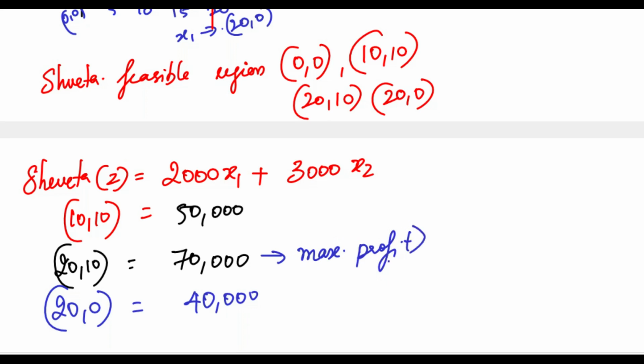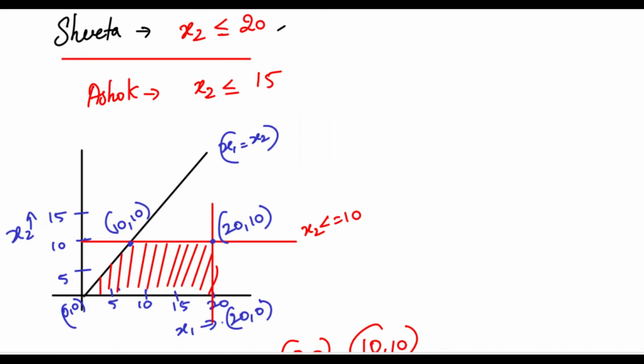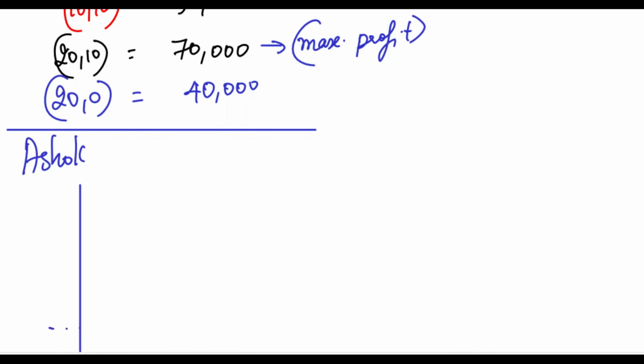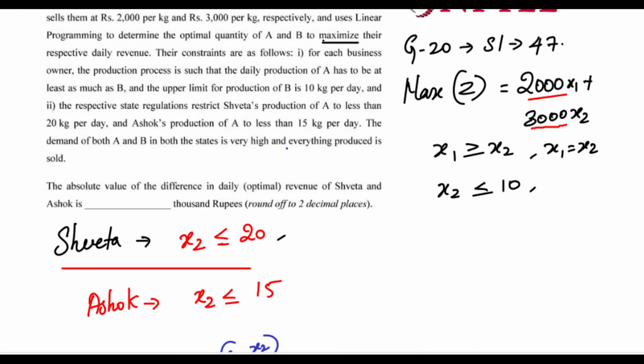Now we should draw the same for Ashok. We shall draw the same structure for Ashok, and try to get the answer. Ashok is very easy because we have done it already. Even for them, x1 is equal to x2, we have one line. Likewise we have the same condition, x2 is less than 10.